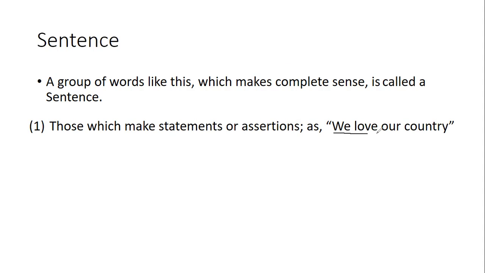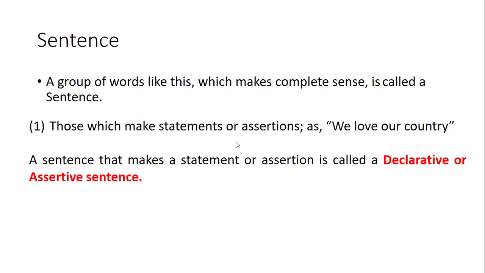For example, we love our country. Full stop. We love our country. A statement is made, an assertion is done, right? So that is an assertive sentence. A declaration is done. We love our country. So such group of words which make statements or assertions are called declarative or assertive sentences.